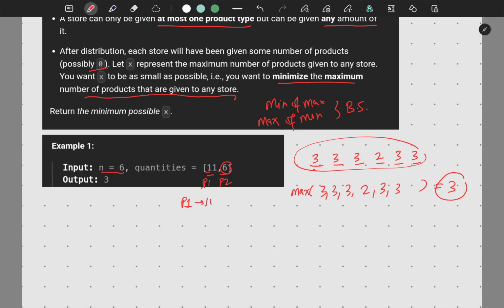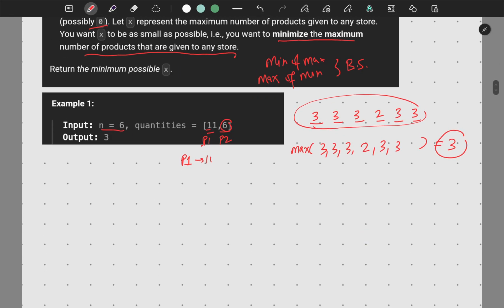Okay, so how can binary search help us in this question? In binary search we have low and high. So how to associate these? In this type of question, generally we do binary search on the answer. Why?